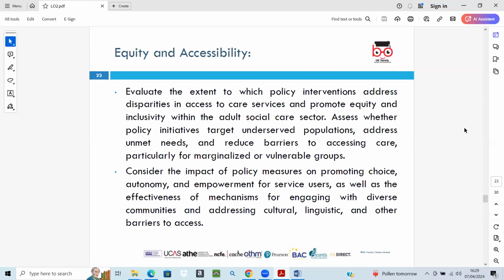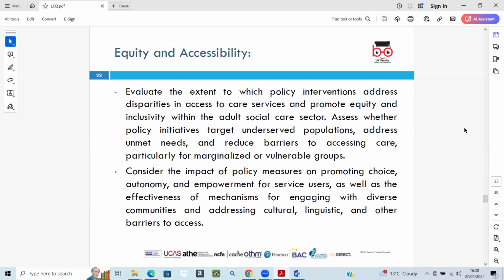Then we have equity and accessibility. In this, what we do is check whether policy initiatives specifically target underserved populations, such as low-income individuals, ethnic minorities, or people with disabilities, to ensure they have care provided to them equitably and access to care services is available to them.